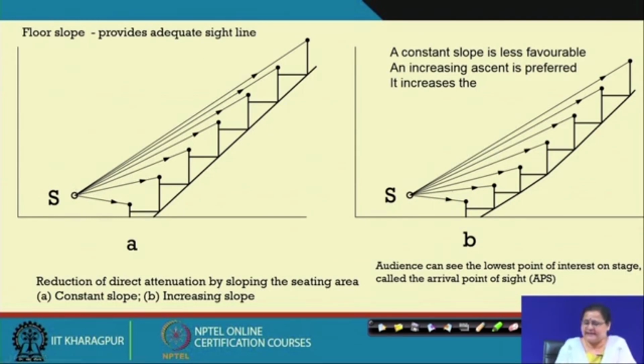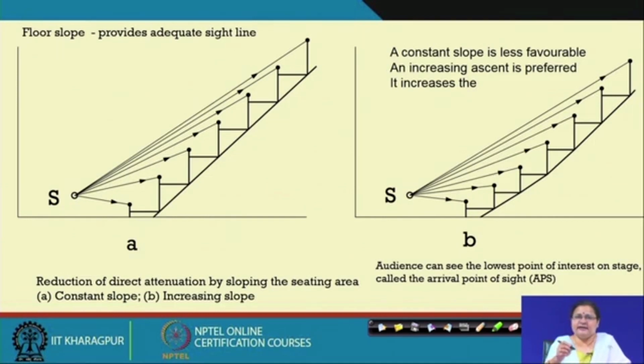But in the second case, you see the slope has changed. A constant slope level is less favorable and an increased ascent is preferred, because here the heights, if you can compare, here it is getting closer and closer, but here it is following a regular pattern.